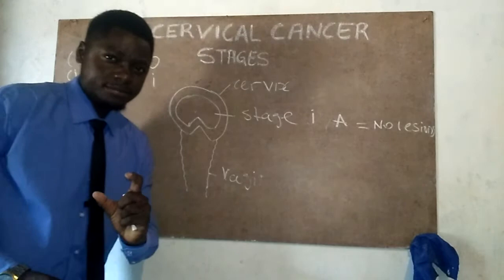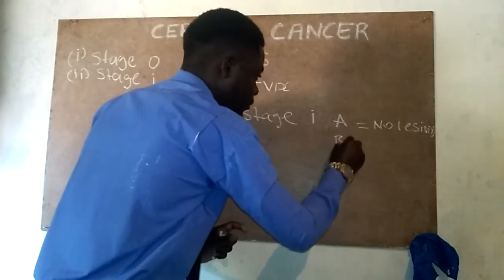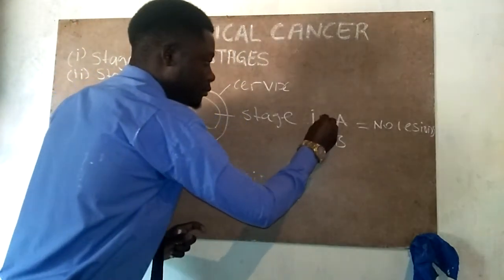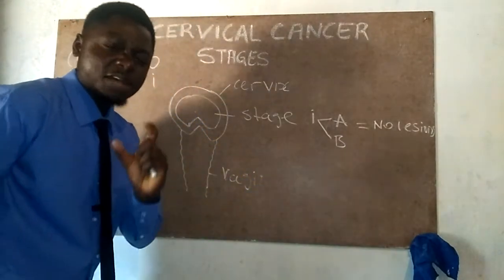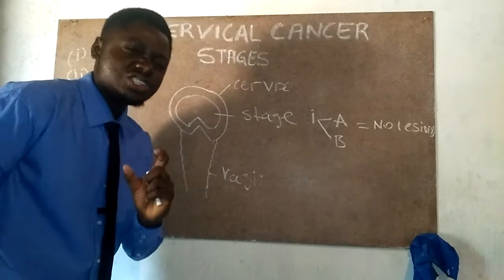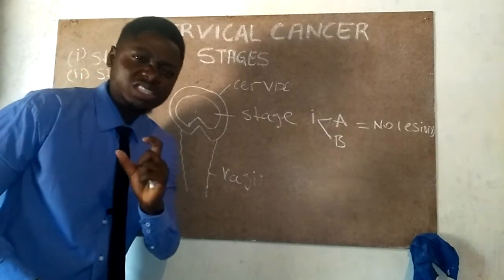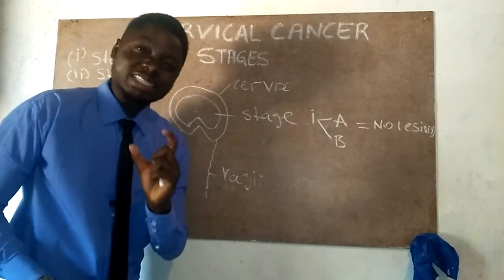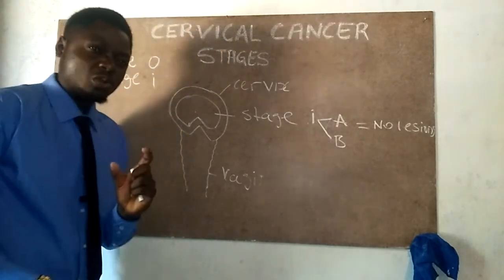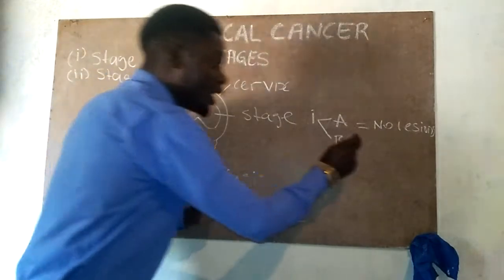Stage 1B. In stage 1B, the lesions have started forming. There are some forms of lesions which have started forming in the cervical cells once examined under microscopic examination. So there are lesions.